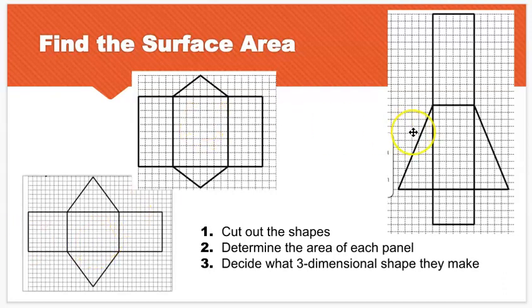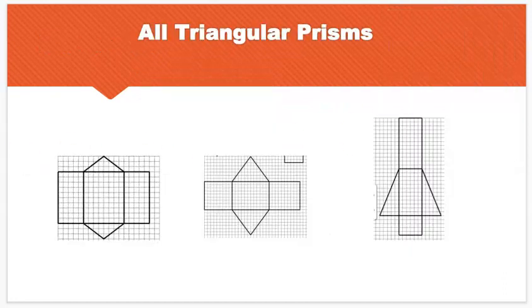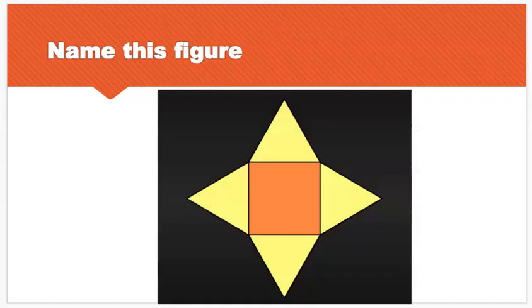On each one of these, they're all triangular prisms. I know that because the bases are triangles, because it's 2 that are identical and they're parallel and they're congruent to each other. What is this shape?